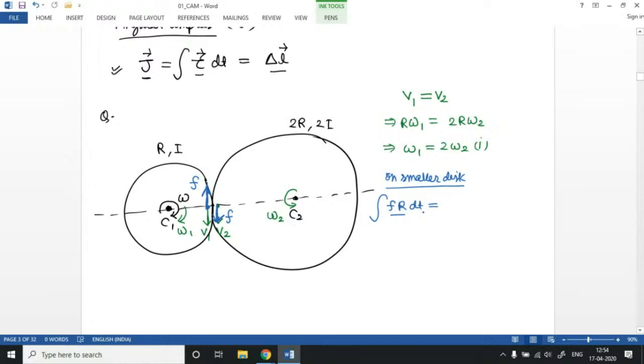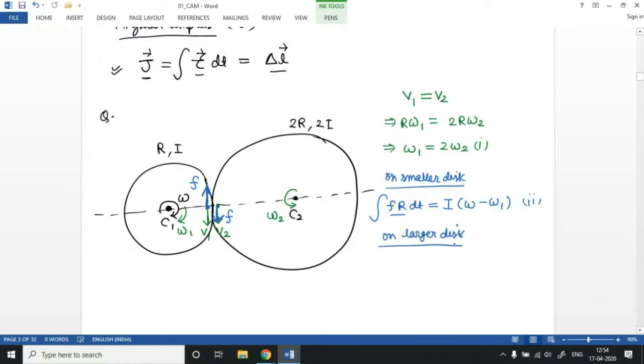So this is going to be equal to I times (omega minus omega 1), since the moment of inertia is I. That would be the change in angular momentum. That is equation number 2. Similarly, on the larger disk.